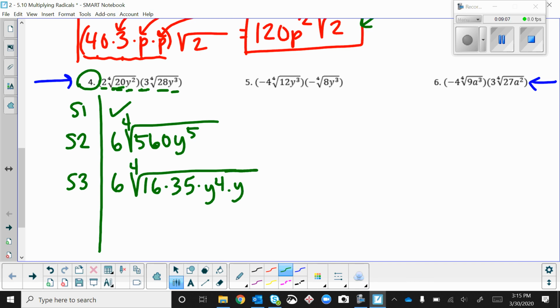So here I'm already just looking at the y to the 5th and breaking it up into a factor of y to the 4th, and then it had 1 y left over.